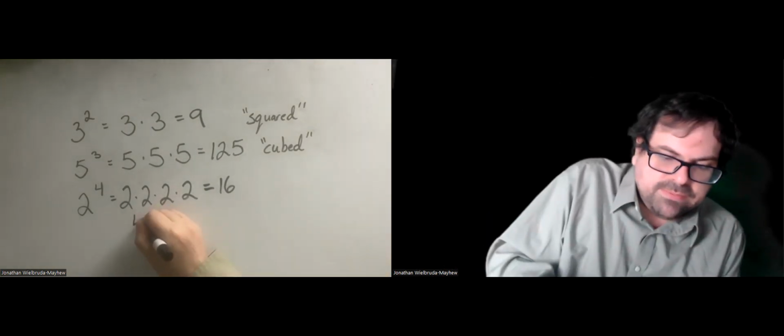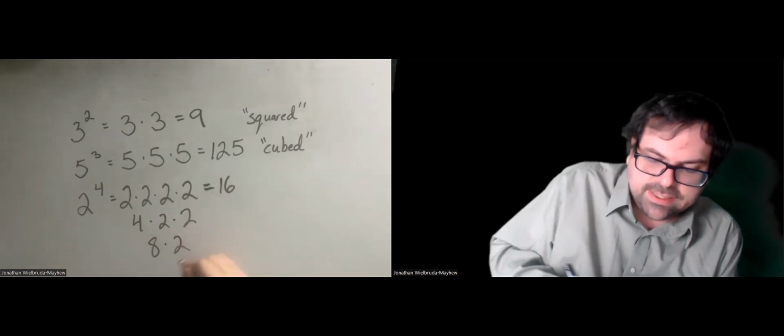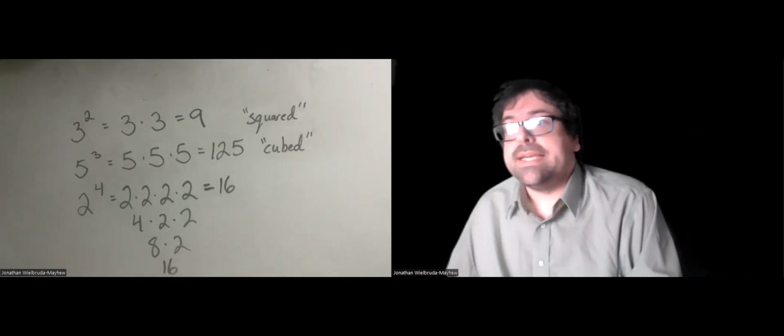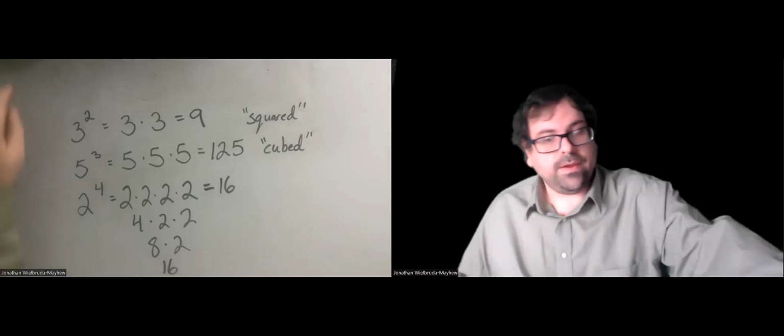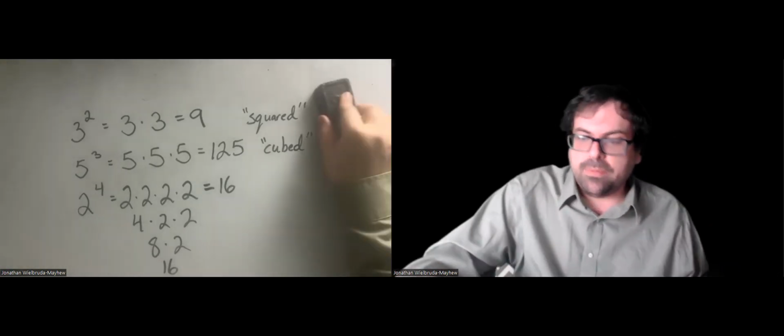So again, 2 times 2 is 4, 4 times 2 is 8, 8 times 2, 16. 2 to the fourth power is 16. Couple more.